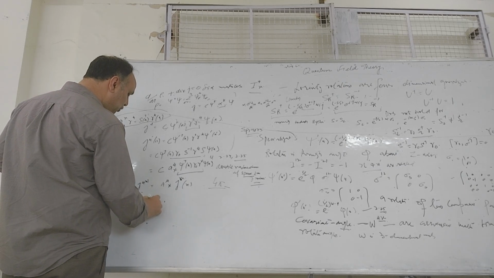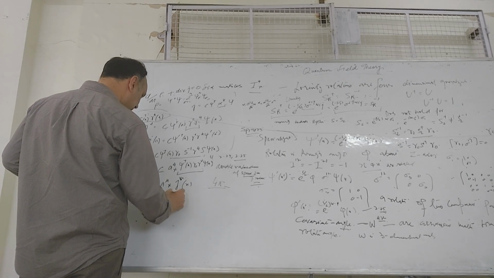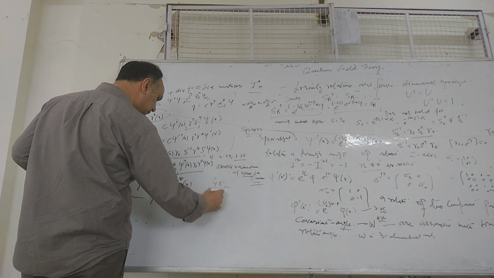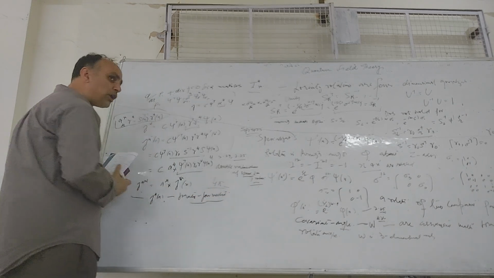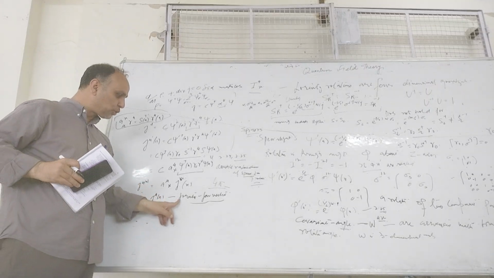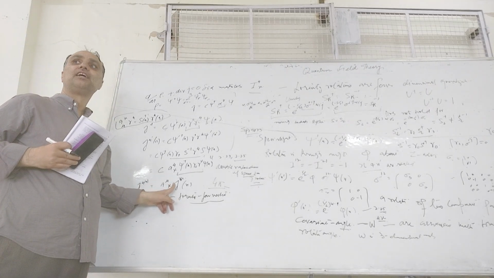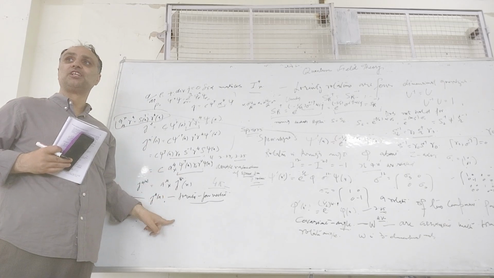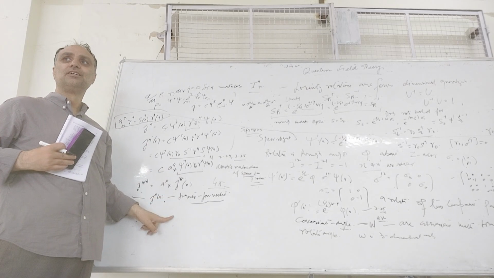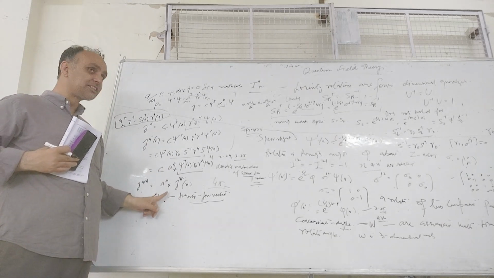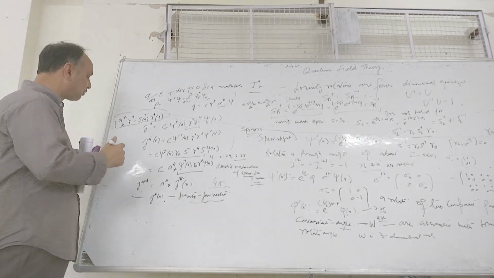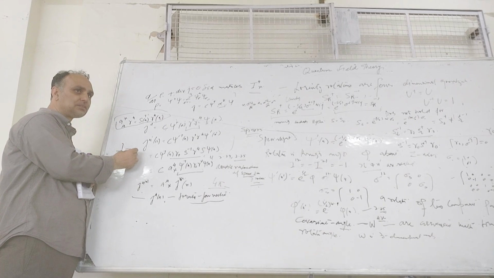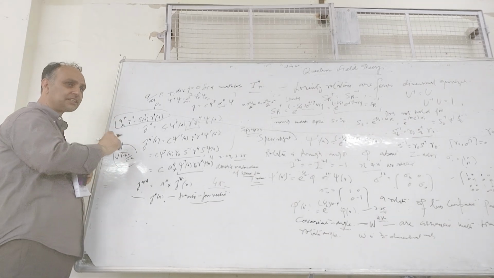J mu of x is a Lorentz 4-vector. So basically what we are trying to show is that this J mu is a Lorentz 4-vector. Lorentz 4-vector means we have space-time coordinates and a factor of root of 1 minus beta squared.